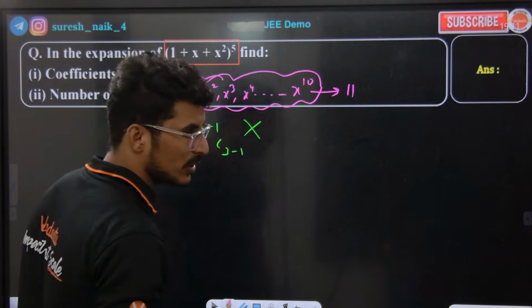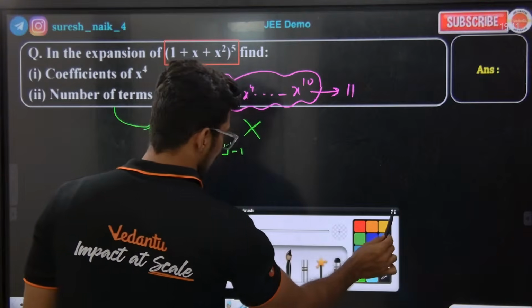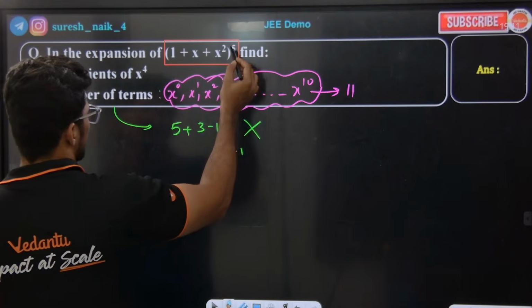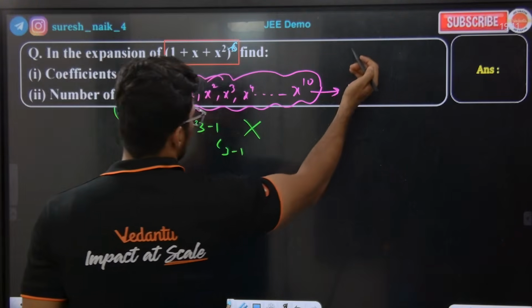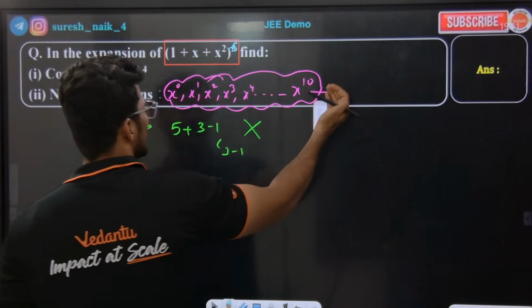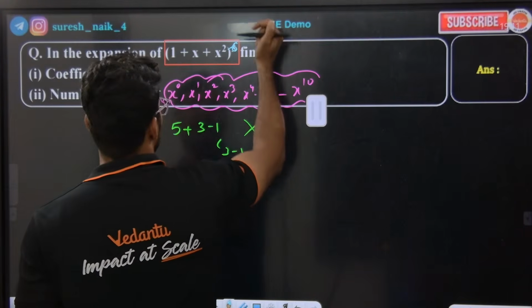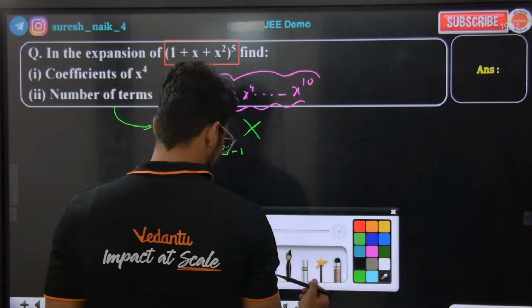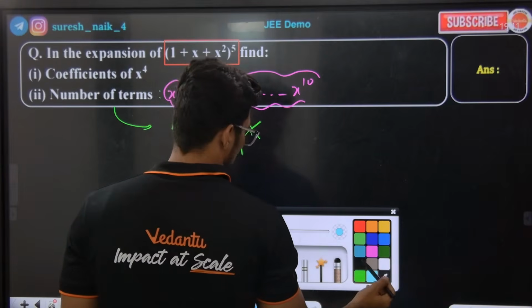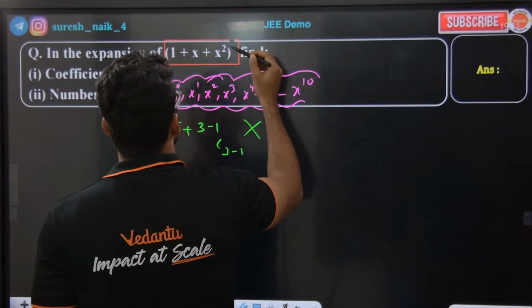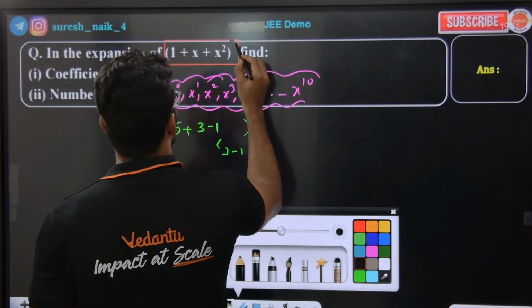Are you getting the point? Definitely the total number of terms is 11. So you can just write this 6 also, no problem. 6 alpha will be writing 10, will be writing 12. That's it.